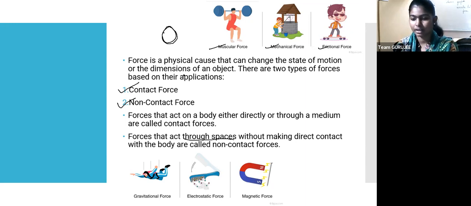That is what they have shown here with the comb. Charge is being generated on it. Positive and negative charges are responsible for your electricity. So electrostatic forces, something like that.